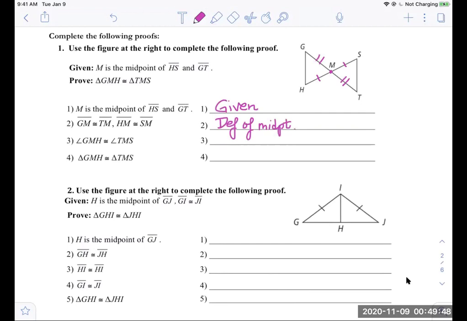Then it says angle GMH is congruent to angle TMS. Now notice that we were proving triangle GMH is congruent to triangle TMS.